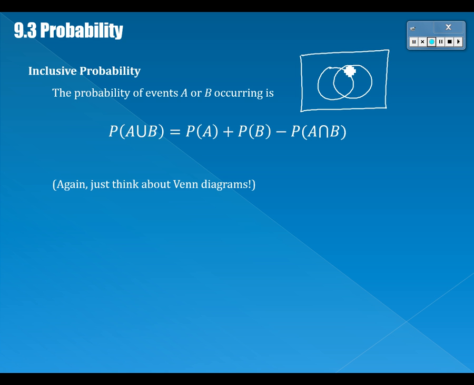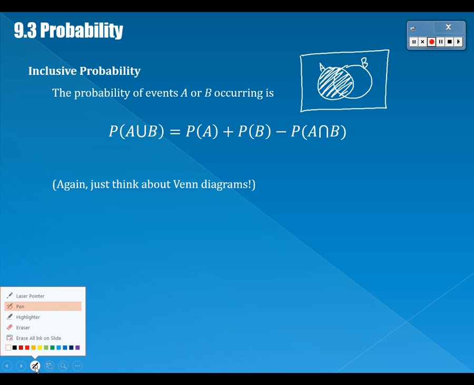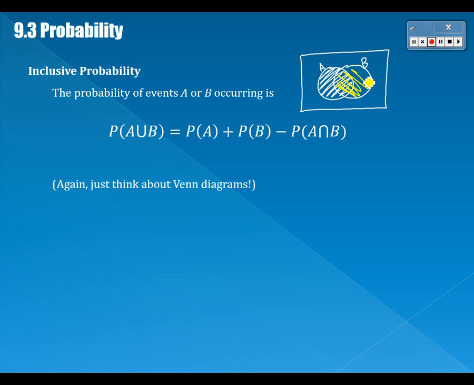But all right, so we have A and B. The probability of A is this. The probability of B is this. And if we add those together, we get the probability of the combined area. Oh, wait, except when we add those together, we've counted this middle section twice.